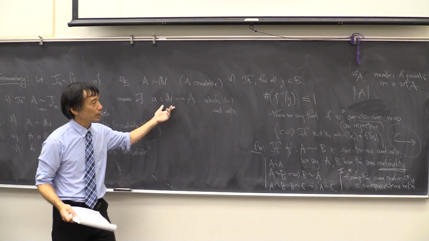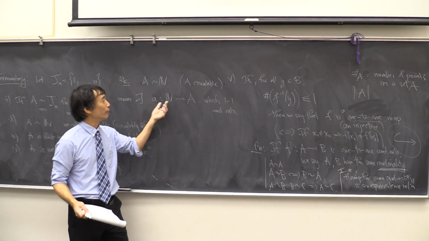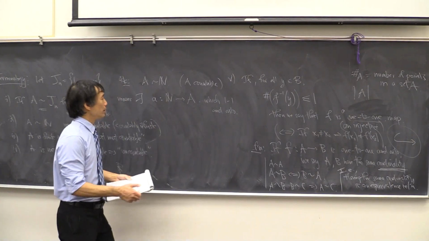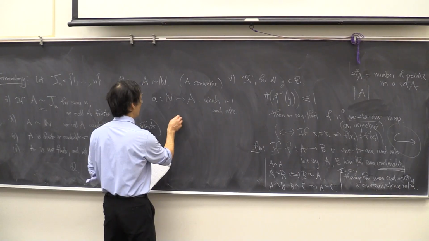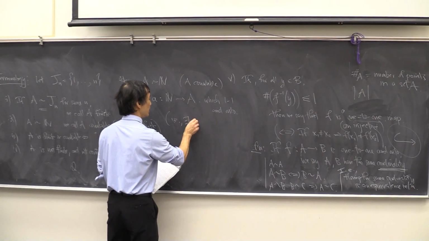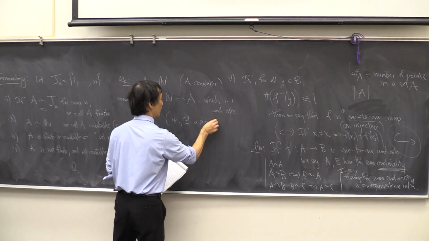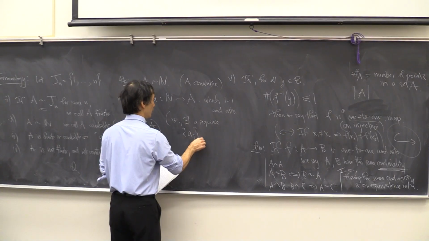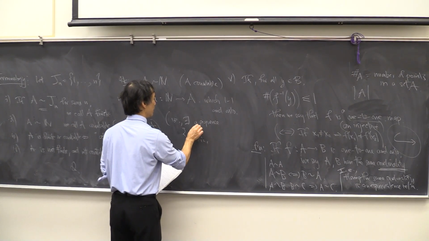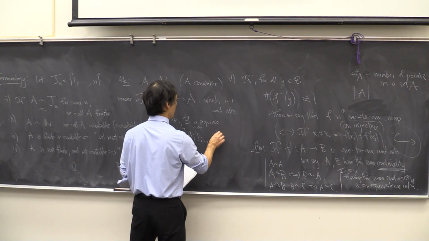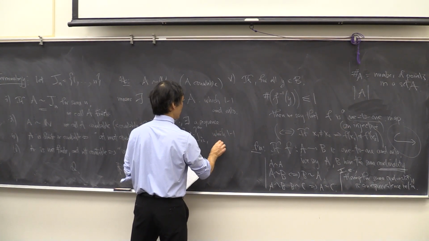In other words, there's a one-to-one onto map from N onto A. And what that means is that there exists a sequence a sub i, i equals 1 to infinity, which is one-to-one and onto.